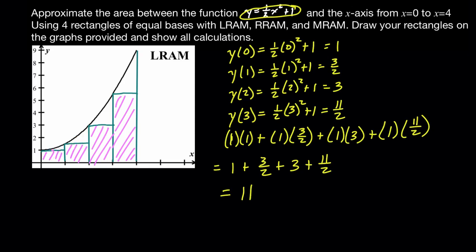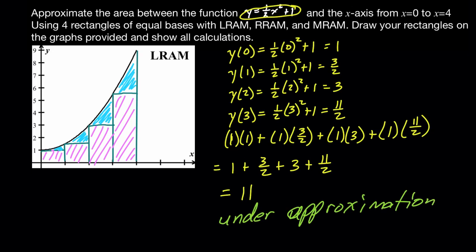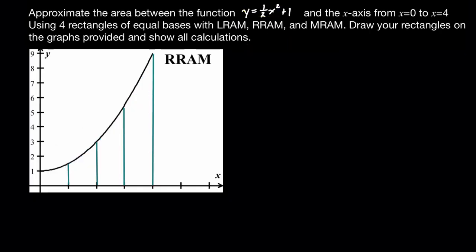If we think about these chunks in here, these are actually part of the area between the curve and the x-axis, and because those areas were left off of the actual calculation here, we can consider this to be an under approximation, or an underestimate of the actual area between the curve and the x-axis.